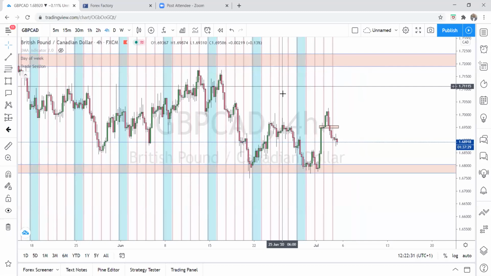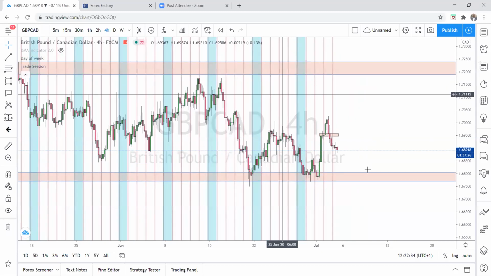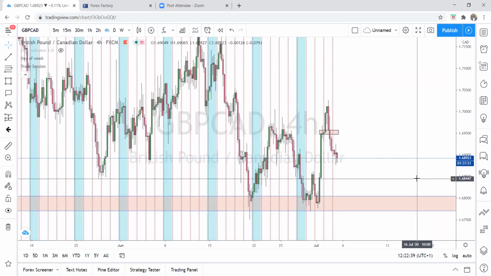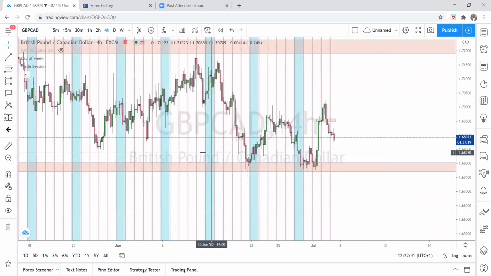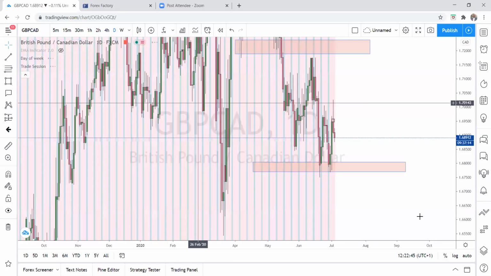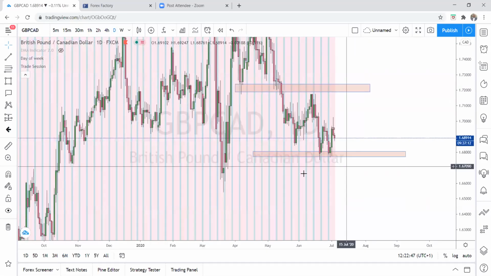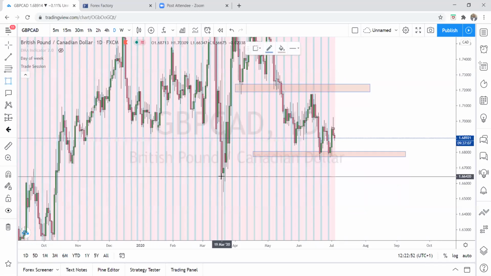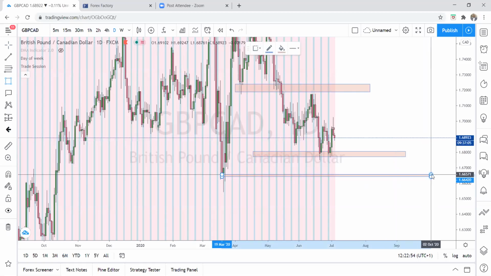Okay, now what are we to do? Let's start from what happened here on Monday. What are we to do? Now, if you take it to the daily, you notice that this market still has moved to the downside here. You have a structure here too that the market can play in.